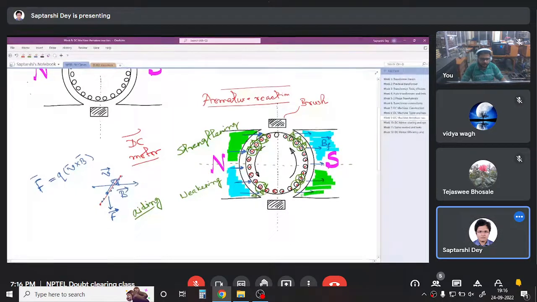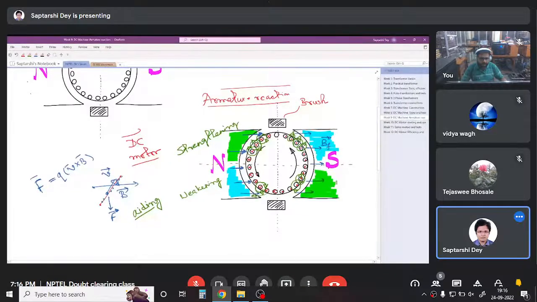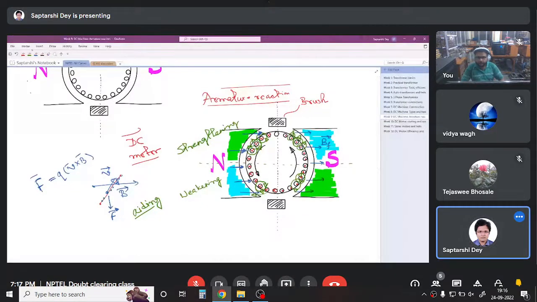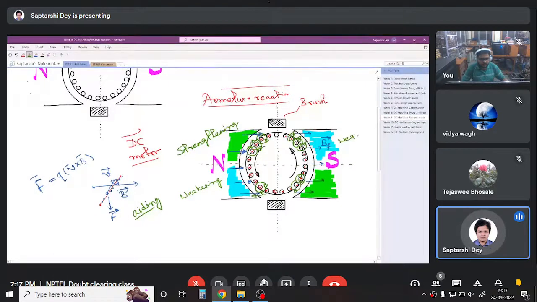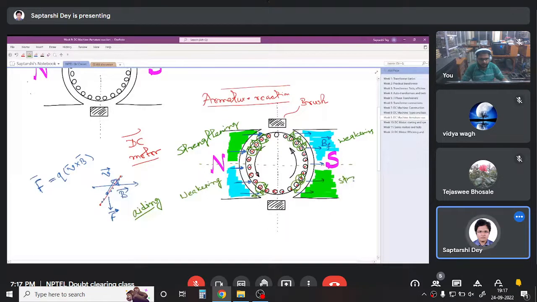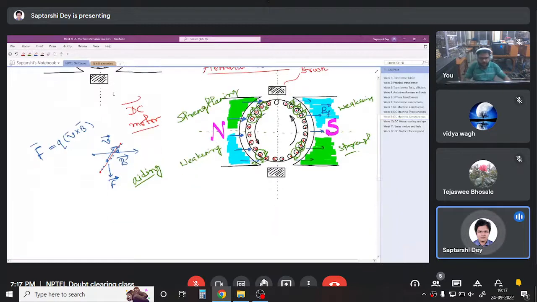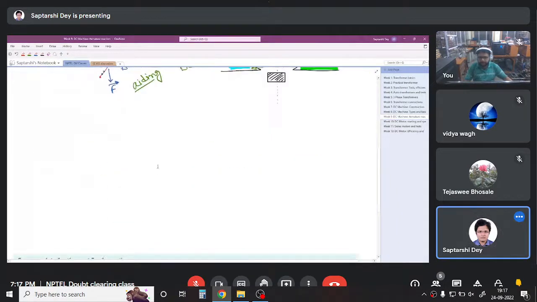So strengthening is happening, right? We have weakening here, and strengthening here. So you see, let me draw this figure once again.